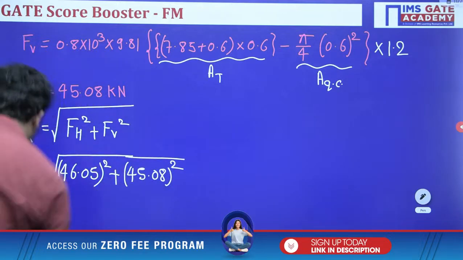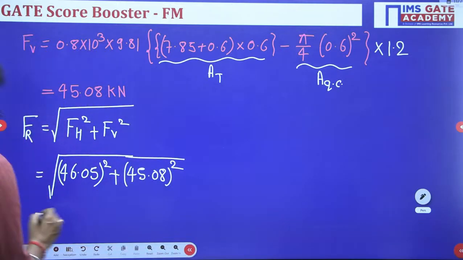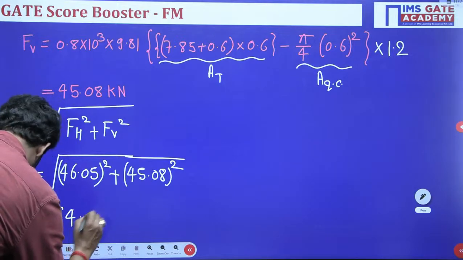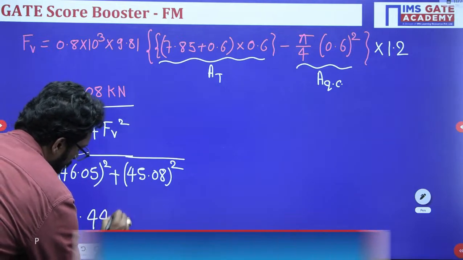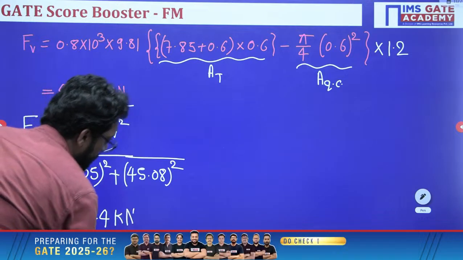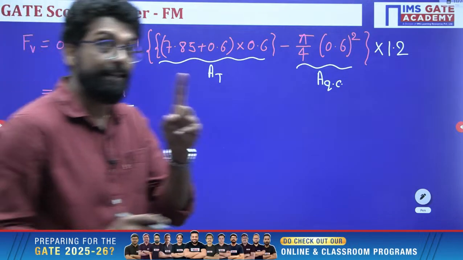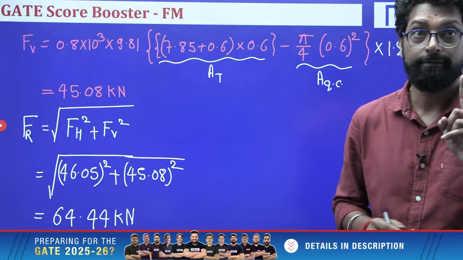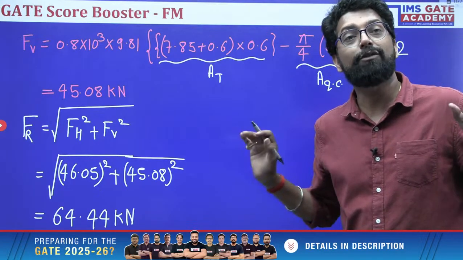If you calculate, the value is 64.44 kilonewton. Now the concept started. That is the simple, basic calculation.